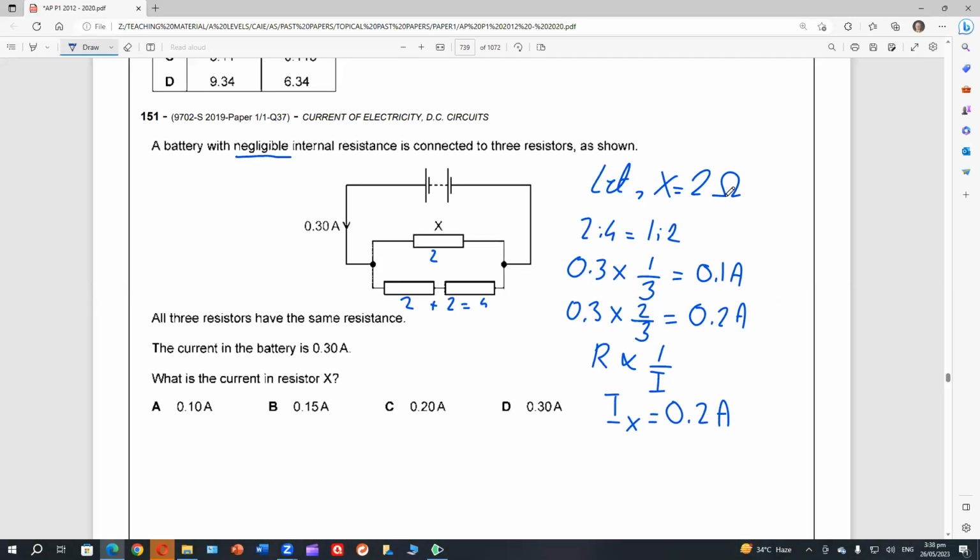Did you get it? How will it be 0.2? Won't it be 0.1? Because we have two currents, 0.1 and 0.2. Low resistance will get more current. X is a low resistance. X is only 2 ohm. So it will be 0.2 across X because in parallel, resistance and current are inversely proportional.